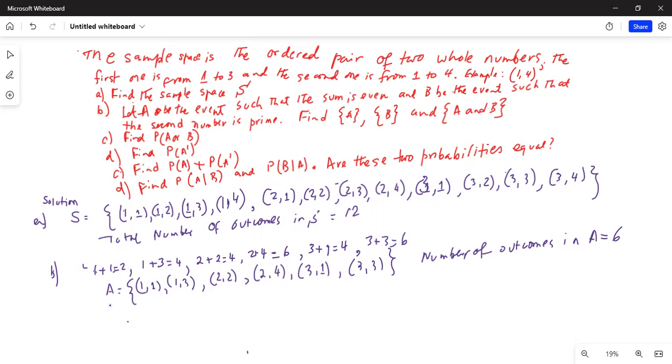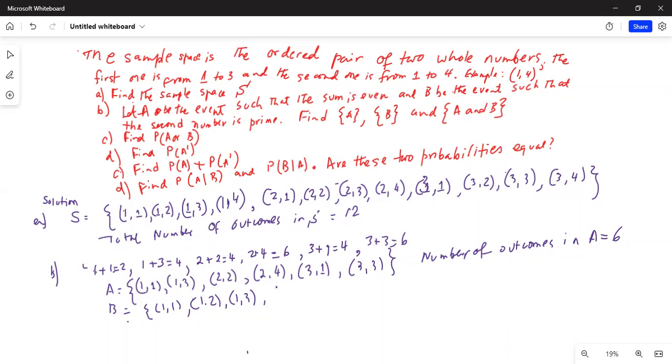Now B is the event such that the second number is prime. A prime number is a number that is only divisible by itself and 1. So that will be (1, 1), (1, 2), (1, 3). (1, 4) is not included because 4 is not a prime number; 4 is an even number, divisible by itself and by 2.